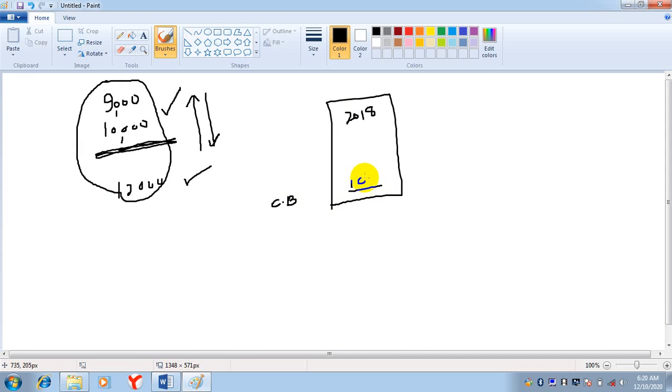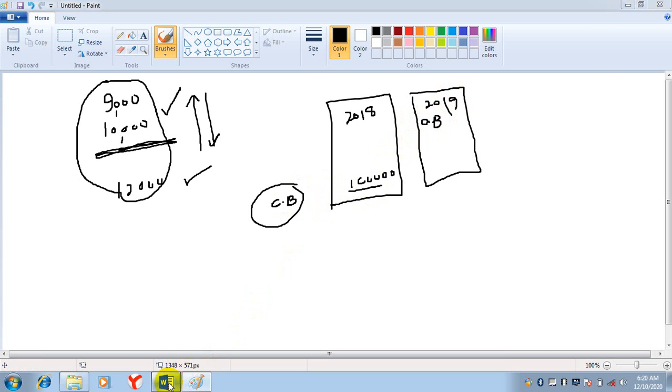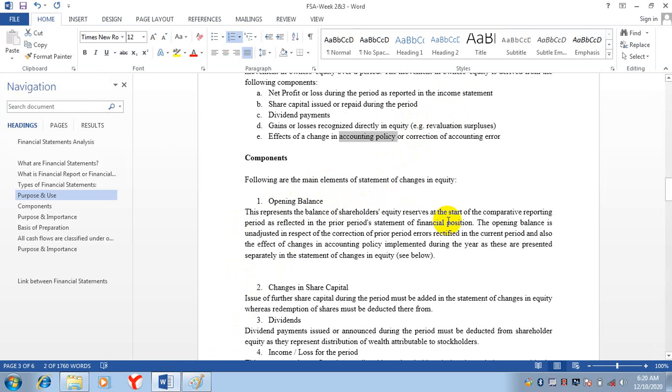Suppose it was 100,000. This is the closing balance of 2018. Now in 2019, when we make the statement of equity, this closing balance will be the opening balance in 2019. So we start from this opening balance.